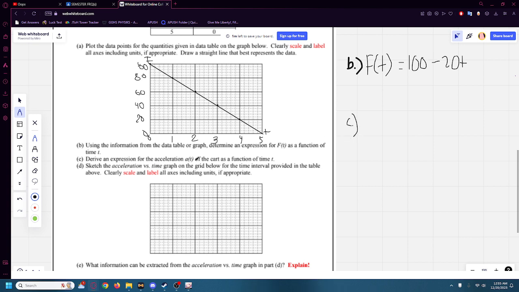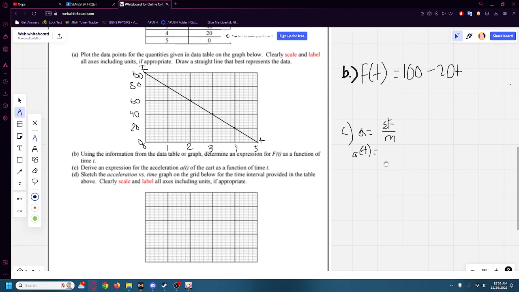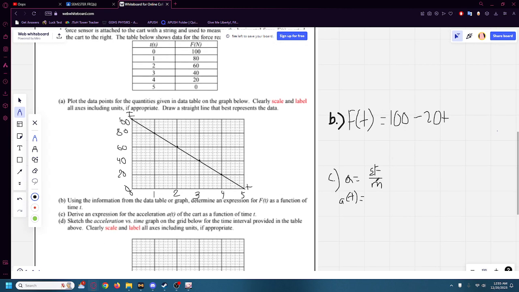C asks to find the acceleration a of t. So a is equal to net force over m. So a of t is equal to net force, which is 100 minus 20t.